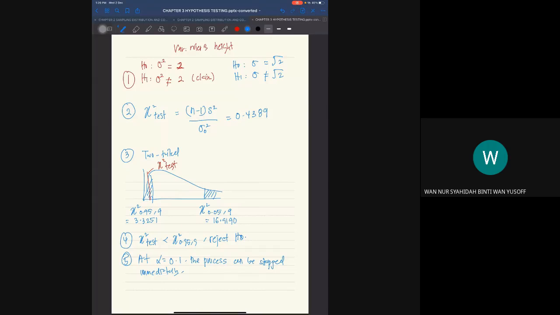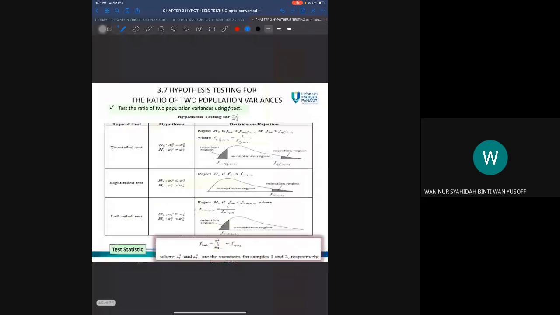Okay, so we go to the last one for today. The last one for this week is the hypothesis testing for the ratio of two population variances. So we have sigma 1 square divided by sigma 2 square, a similar idea to the confidence interval.